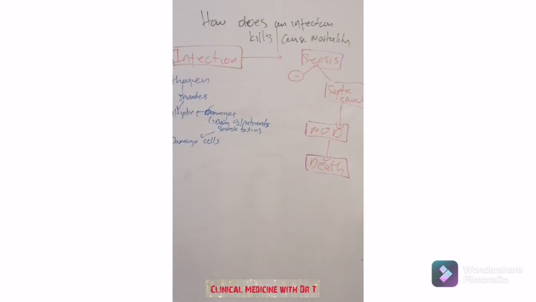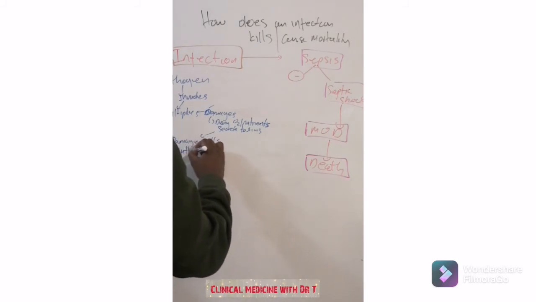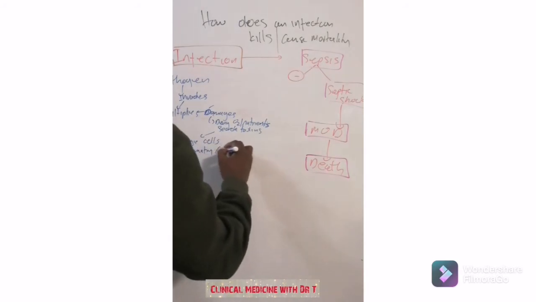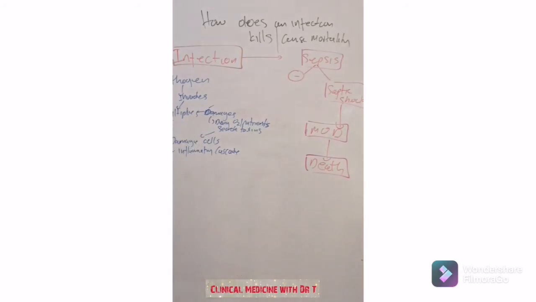And once your cells get damaged, basically the inflammatory cascade begins. The inflammatory process begins. The inflammatory cascade is there because you've got an invader and the body cells are trying to respond to that.